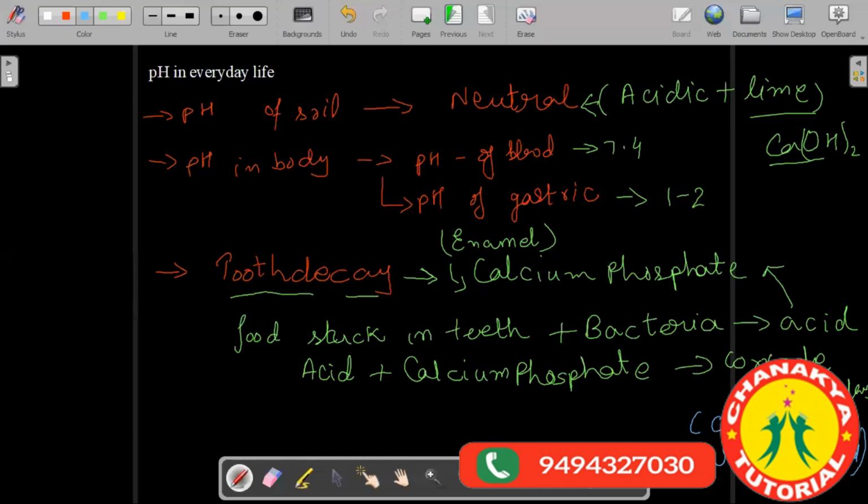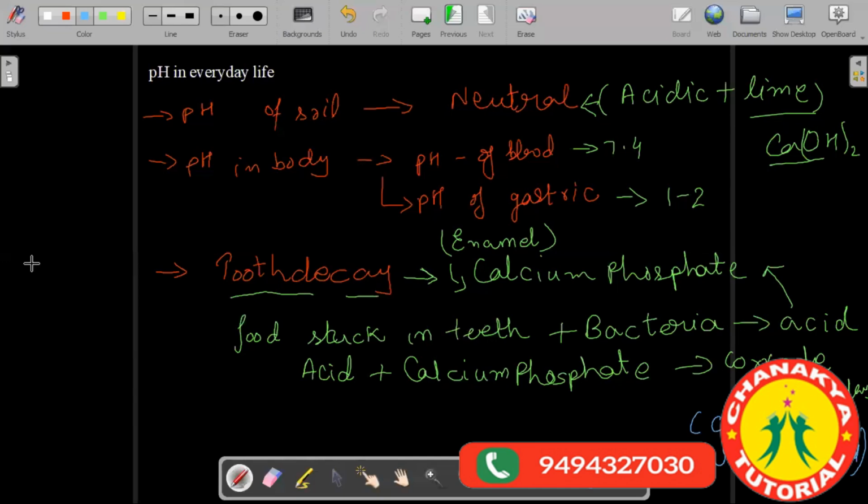Slowly, more food will stick to the teeth, and hence what will happen? It will increase the amount of acid, and more and more corrosion will occur. Slowly, all the enamel of the teeth will be eaten up by this acid.